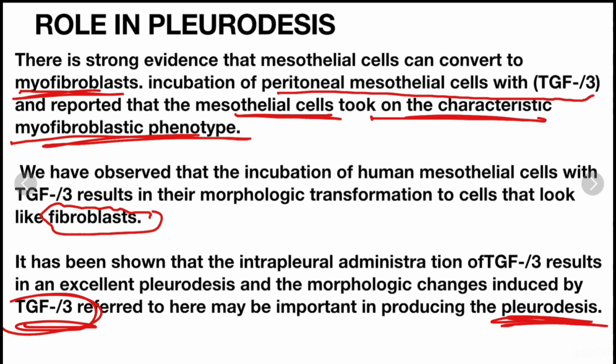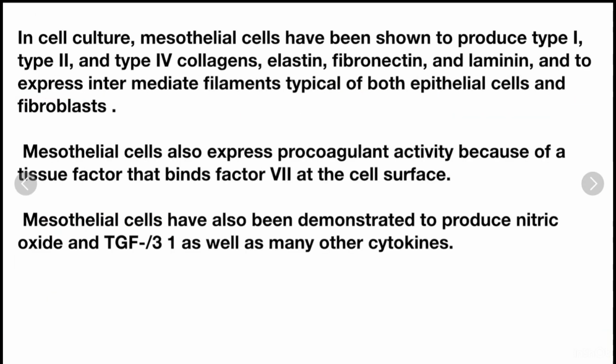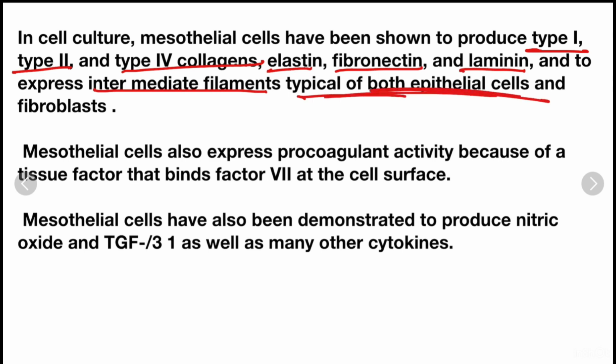In cell culture, mesothelial cells have been shown to produce type 1, type 3, and type 4 collagens, elastin, fibronectin, and laminin, and to express intermediate filaments typical of both epithelial cells and fibroblasts. Mesothelial cells also express procoagulant activity because of a tissue factor that binds factor 7 at the cell surface.